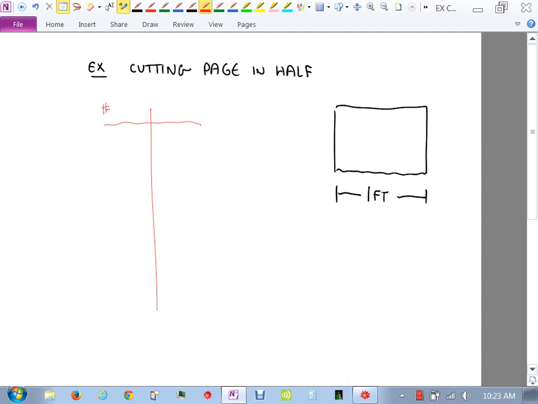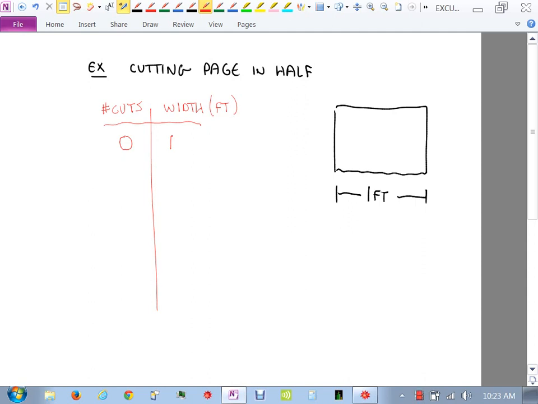Here's the number of cuts. Here's the width. And I want my width measured in feet. So if I do not cut the page, if I have 0 cuts of the page, how wide is it? 1 foot. So far, that's looking pretty much like what we had already, right?